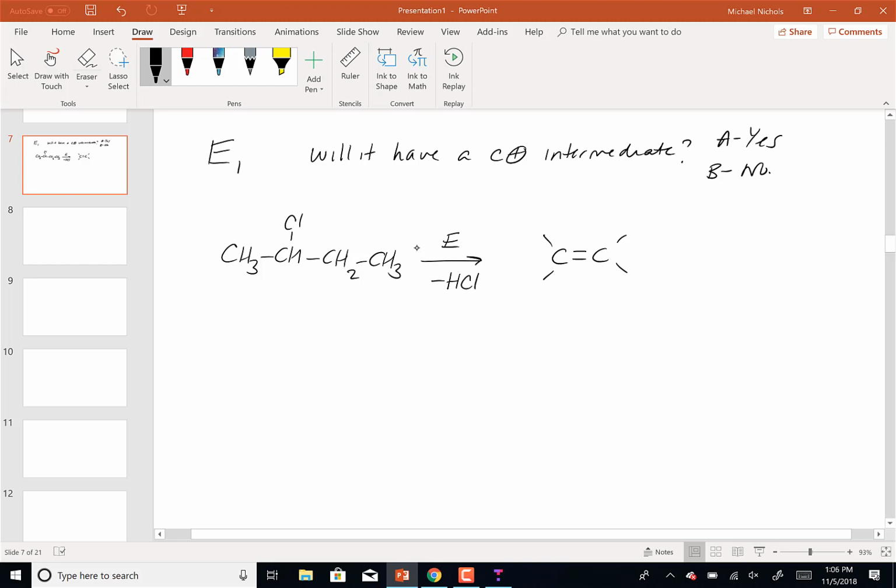So if I'm going to do an elimination reaction here, my first step is going to be to break my carbon halogen bond, and I'm going to form my carbocation. And then, once I form my carbocation, to eliminate the H+, I'm only going to eliminate a hydrogen that's on a beta carbon.